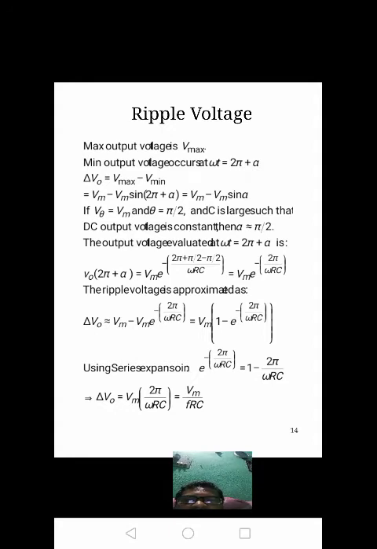Omega can be substituted as 2 pi f, the 2 pi gets cancelled, and finally we get delta V naught as Vm by fRC.